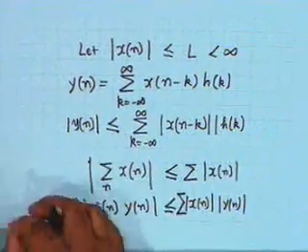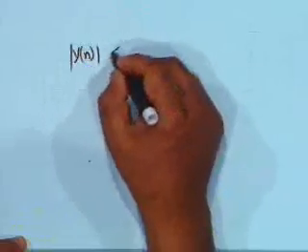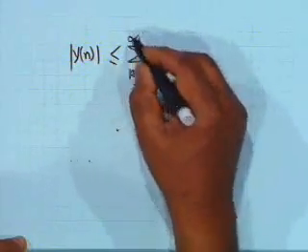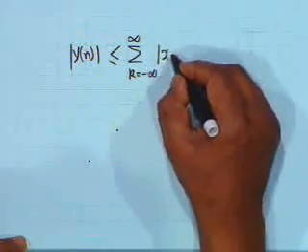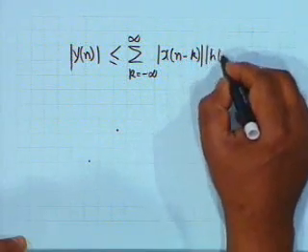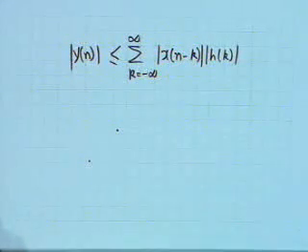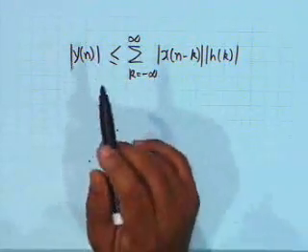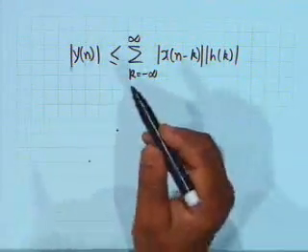Now, what we have shown is that mod of y of n is less than or equal to summation k equal to minus infinity to infinity mod x of n minus k mod h of k. What we are trying to find out is a bound on y of n magnitude.